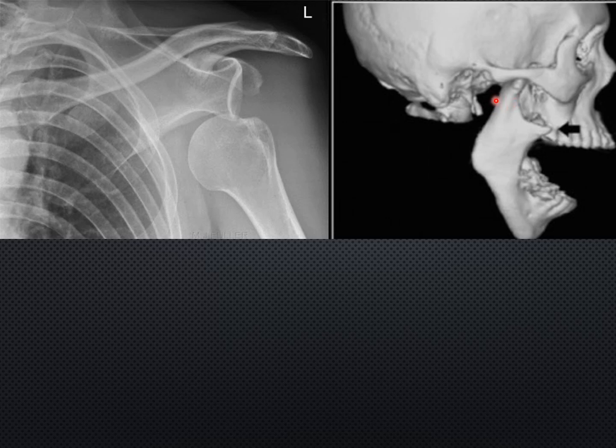But here you can see it has slipped anteriorly. There is anterior dislocation of the temporomandibular joint. This is a very painful condition, and the patient presents with an open mouth and is not able to close the mouth. It usually occurs when students yawn in the class and the class becomes boring. As a result, the patient is not able to close the mouth.